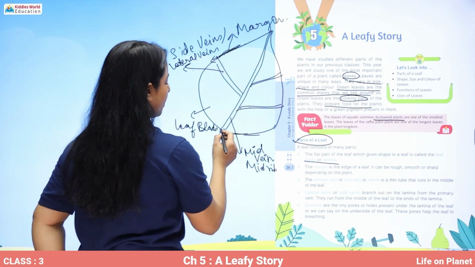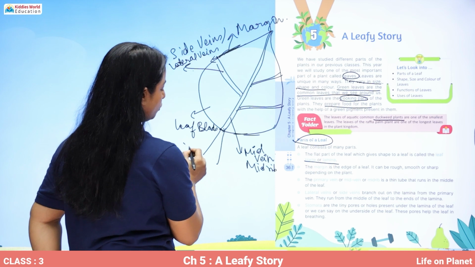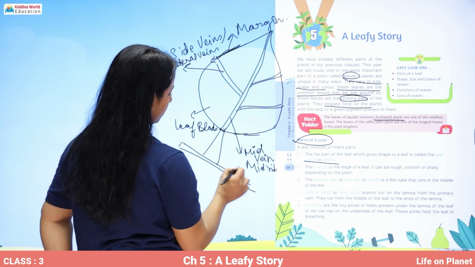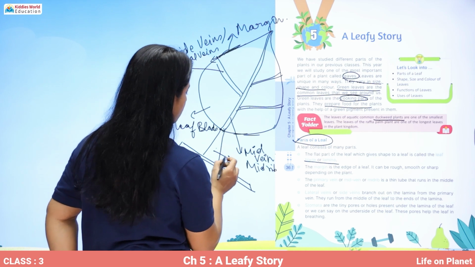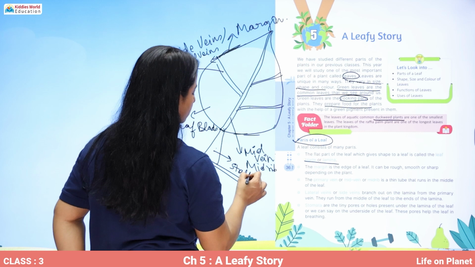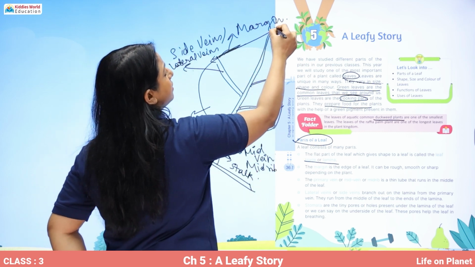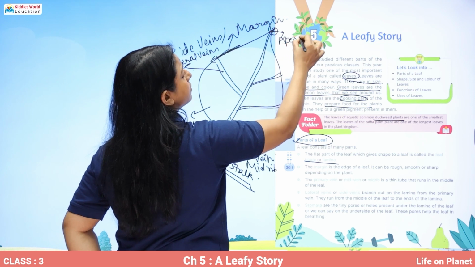Now the part by which this leaf is joined to the branch is called the stalk, and here the tip is called the apex.